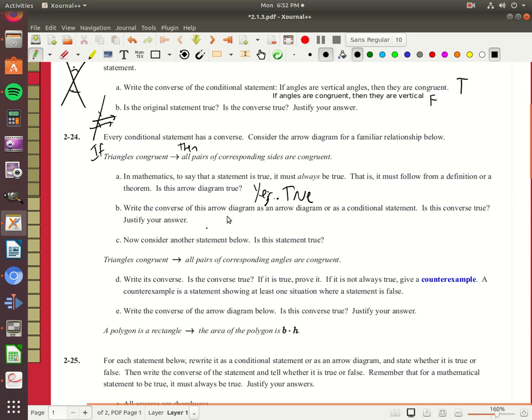So write the converse in this arrow diagram. Again, we'll just switch it. I'll type this: all pairs of corresponding sides are congruent.